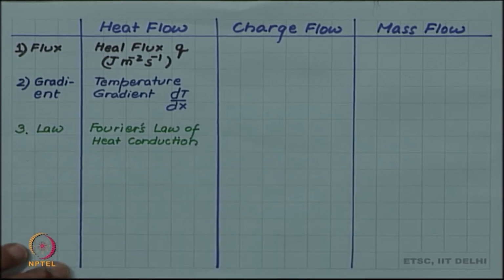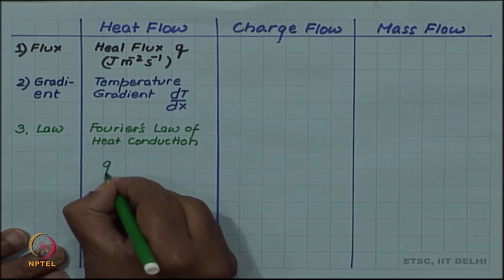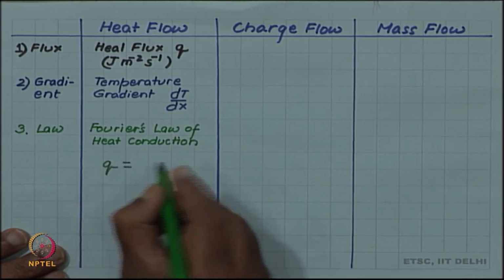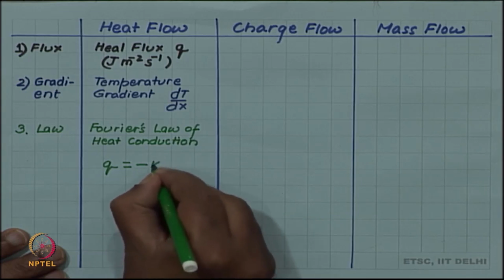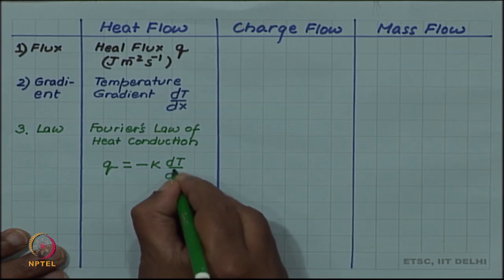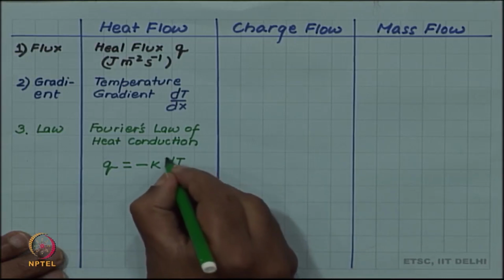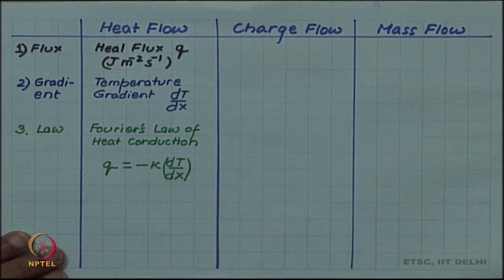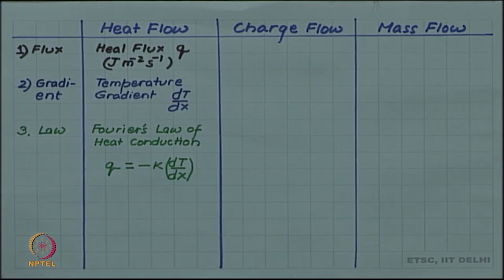That law relates the heat flux to the temperature gradient through a simple expression, Q is equal to minus kappa dT by dx. Essentially it is saying that the heat flux is proportional to the temperature gradient, and the proportionality constant kappa is our material property.